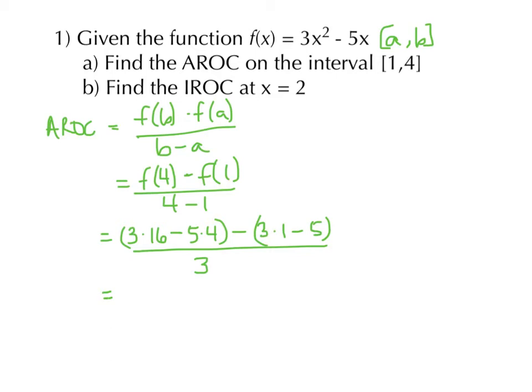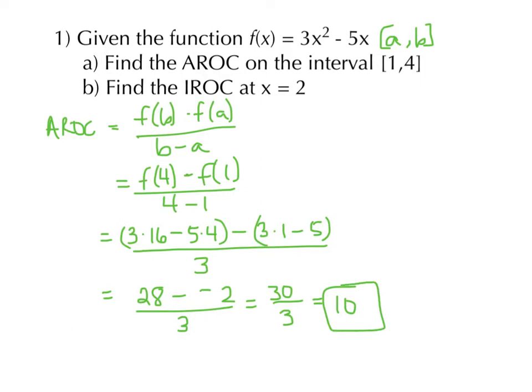So let's clean this up. 3 times 16 is 48 minus 20 would be 28, minus 3 minus 5 is negative 2, over 3. So that becomes 30 over 3, which is 10. So my average rate of change here is 10. The average slope over that interval is 10.